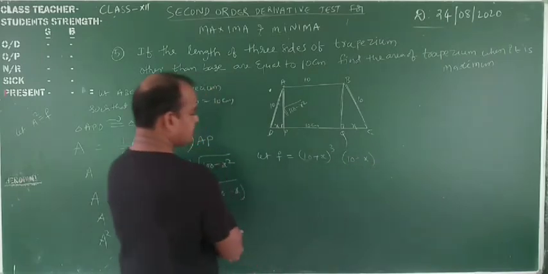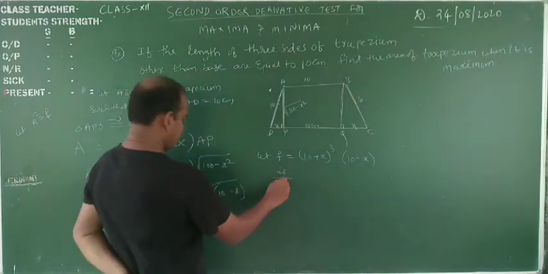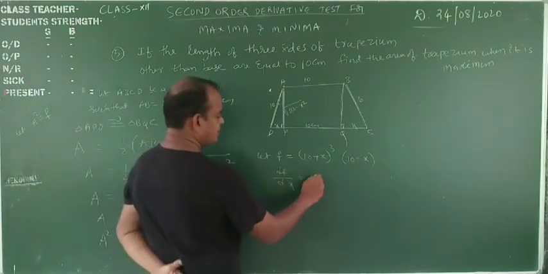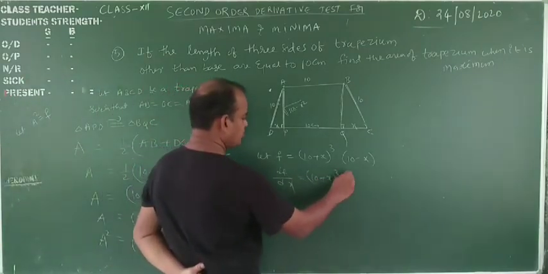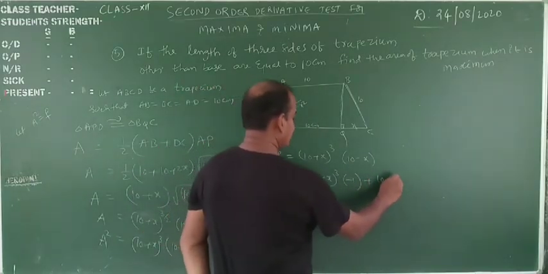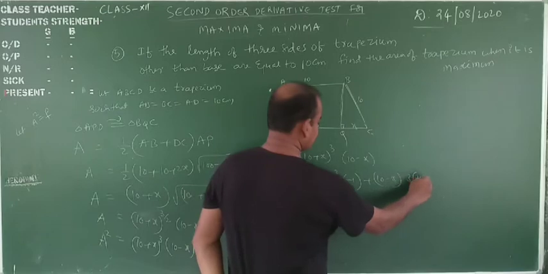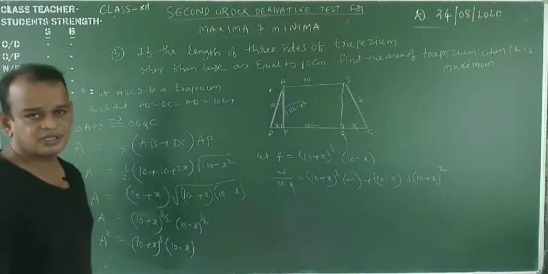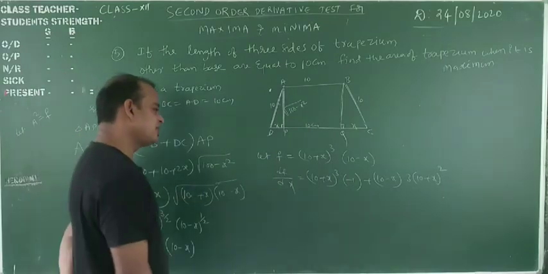Now differentiate, my dear students. df by dx. What happened? 10 plus x whole cube into minus 1, UV method, plus 10 minus x into 3 into 10 plus x whole square. Is it 100% right or wrong? Yes, 100% right.